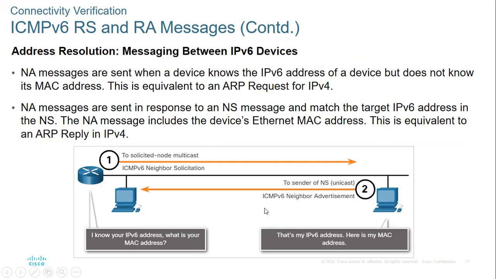One device may want to communicate with another but doesn't have its MAC address, so it sends an ARP broadcast to all the devices. The devices open the message and compare the IP address with their own. If it doesn't match, they drop it. But if it matches, they reply with their MAC address. That's how that device learns the MAC address of the other device.